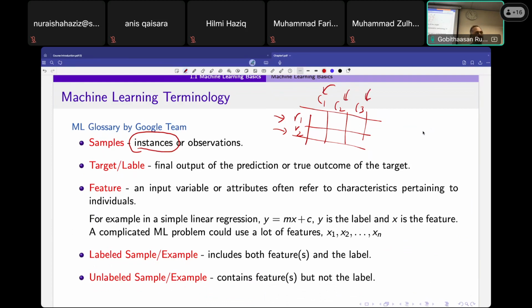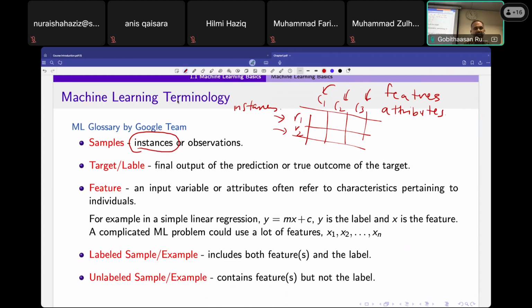Features. Or sometimes I call it attributes. These are instances. These are actually computer science terms, right?